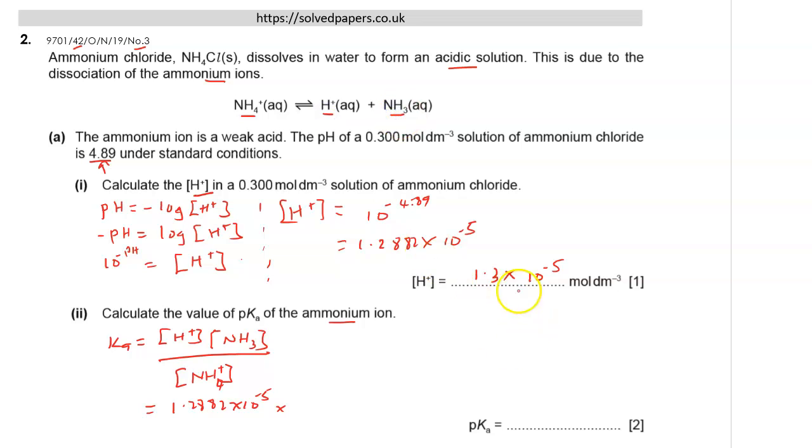So this will be the same, 1.2882 times 10 raised to the power minus 5, divided by the concentration of the ammonium ion, which is the same as the concentration of the ammonium chloride, which is 0.3.